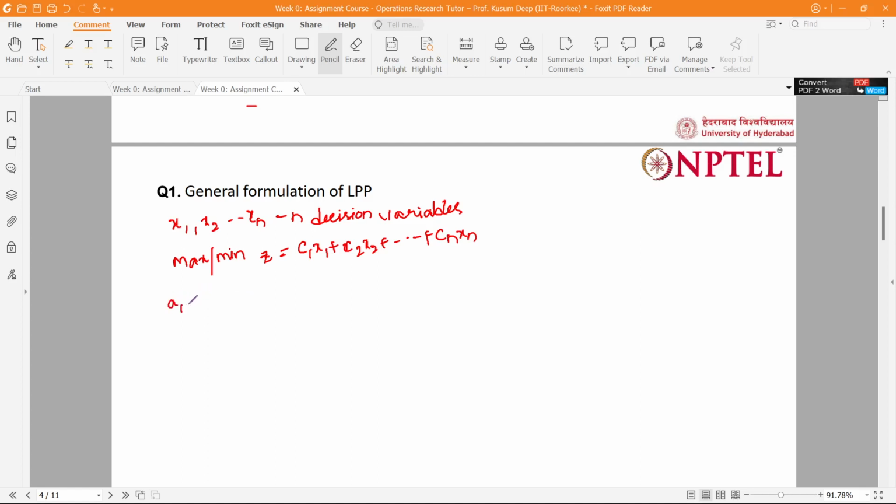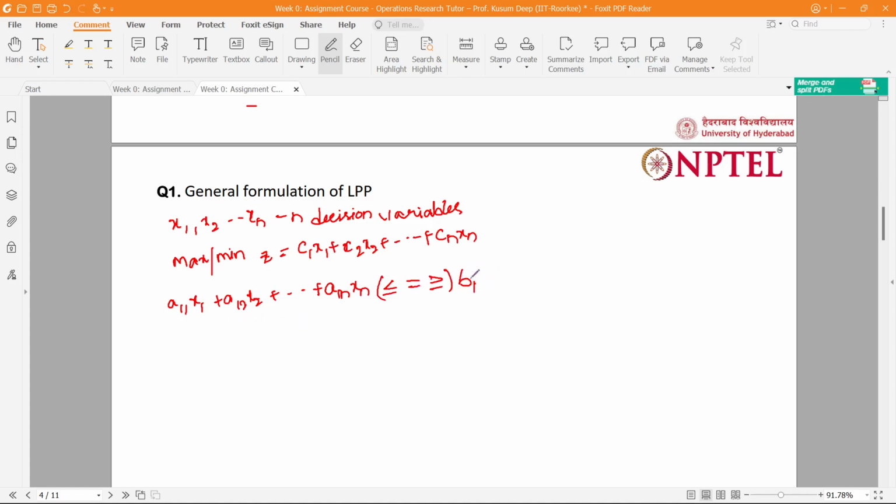Take a11 x1 plus a12 x2 and so on plus a1n xn. Because there are n decision variables, we have written a linear-form constraint, which can be of less than or equal to type, equal to type, or greater than or equal to type: less than or equal to b1, or greater than or equal to b1, or equal to b1.